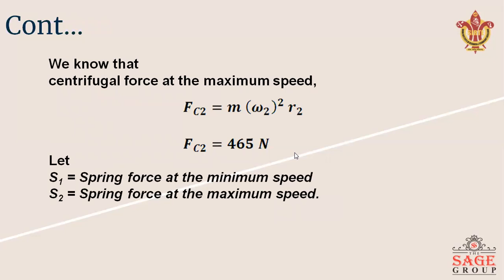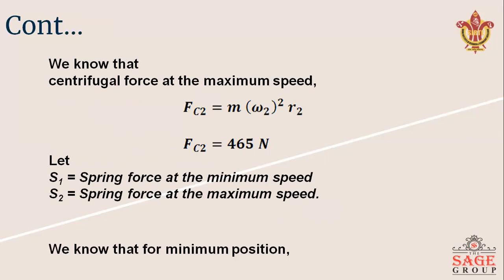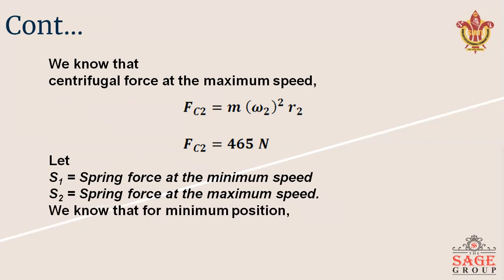Let S1 be the spring force at the minimum speed, and S2 the spring force at the maximum speed. For the minimum position, Mg plus S1 is equal to 2Fc1 into x upon y. This equation we have already derived for the Hartnell governor in the previous class.